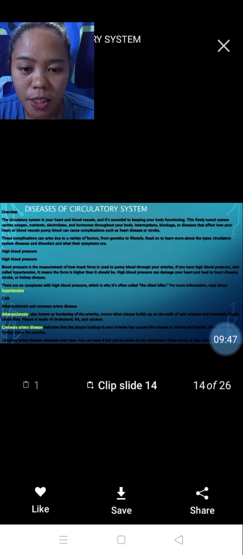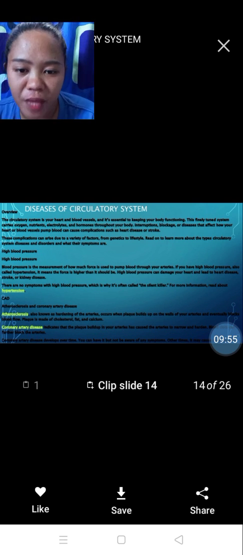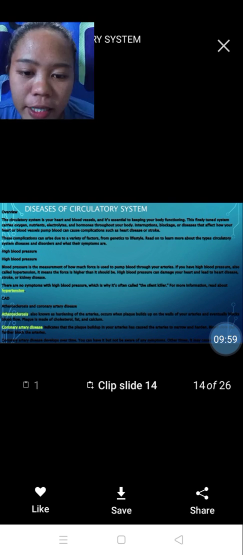Yan, binablock po niya yung blood natin. Imbis na tuloy-tuloy yung daloy, hinaharangan niya yung pagdaloy ng ating dugo sa ating katawan. And it blocks with cholesterol, fat, and calcium. Yan po yung arteriosclerosis.